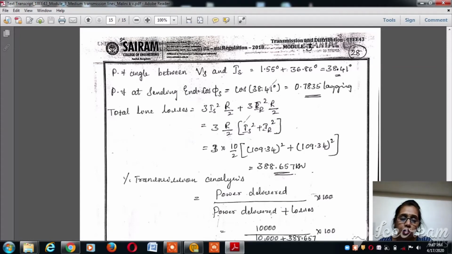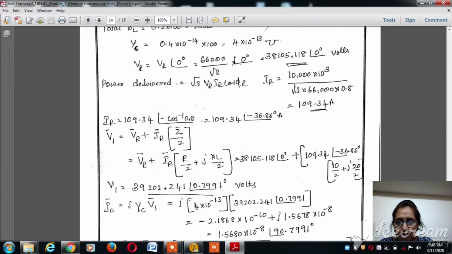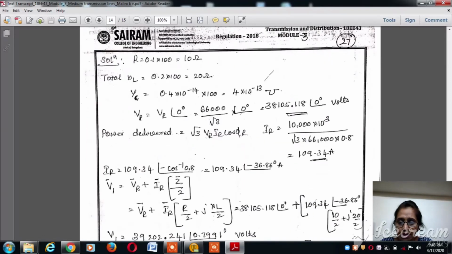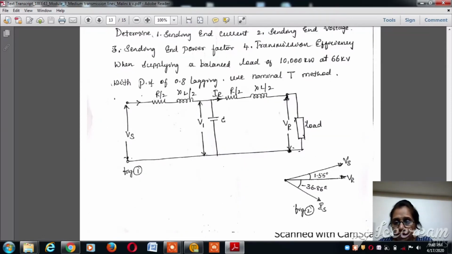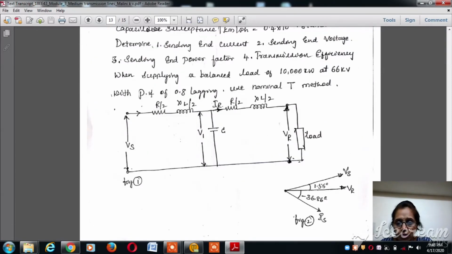So now what is the power factor angle between Vs and Is? From this phasor diagram we can show this. VR and Vs are separated by an angle of 1.55 degrees, which we have calculated here, and IR is at an angle of 36.86 degrees from VR.